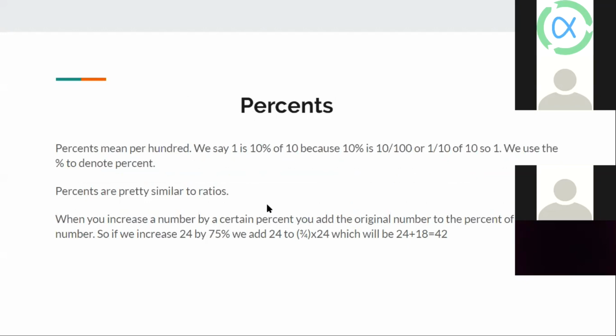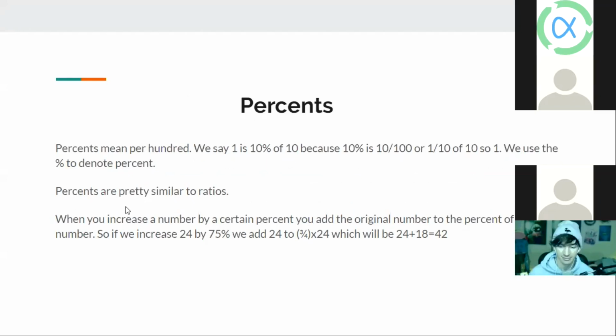Okay, so percents mean per 100. So if we say 1 is 10% of 10, because 10% is 10 over 100, that's what it means by per 100, divided by 100, or 1/10 of 10, so 1. We use this symbol to denote percent. Percents are pretty similar to ratios.